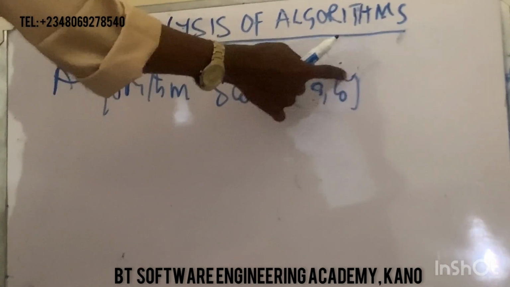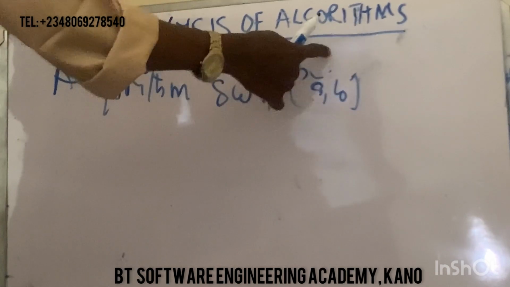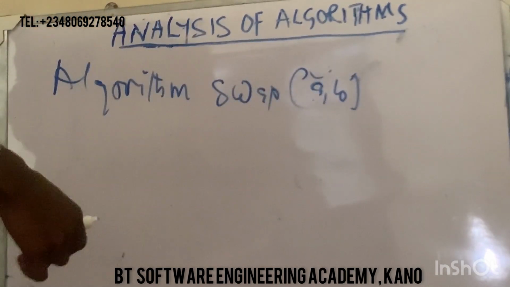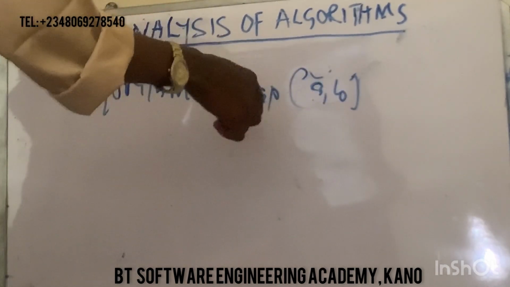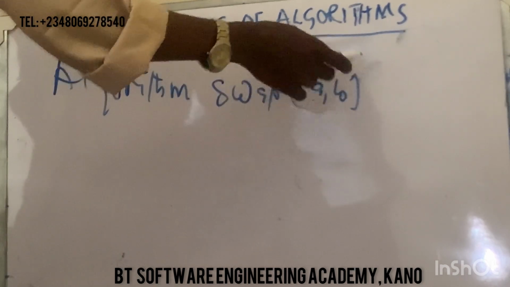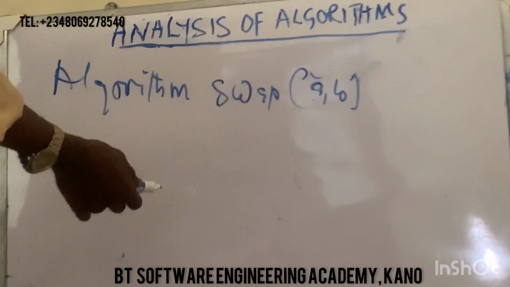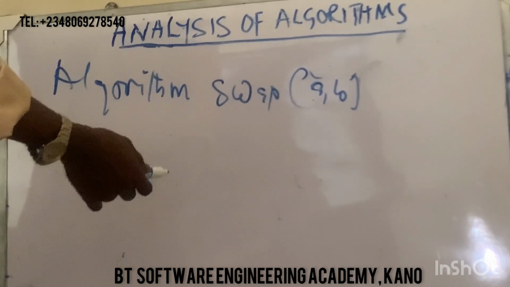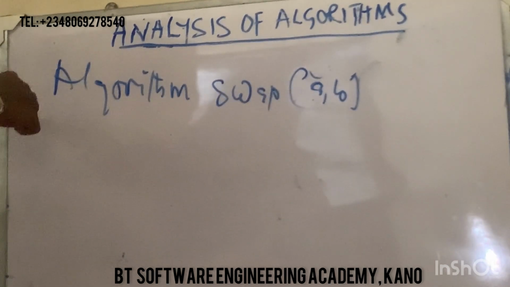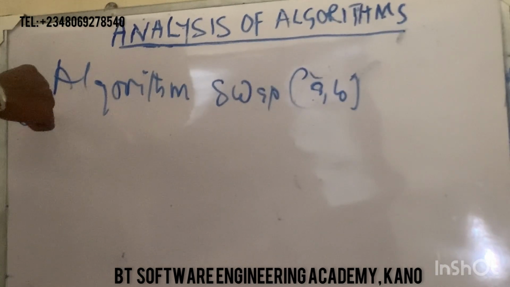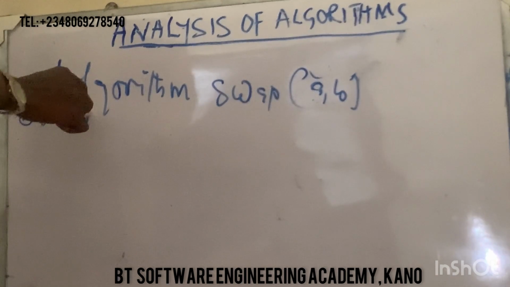So this is the algorithm I'm going to create. I call the function swap. I give it A and B as input. And remember, in the characteristics of an algorithm, characteristic number one is that it must have an input.